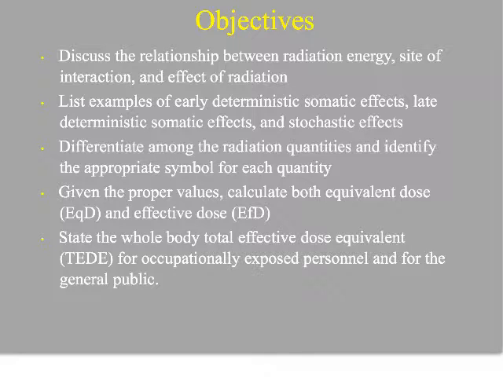The big takeaway, the big thing that we're driving at today, is to be able to calculate an effective dose, and then having calculated an effective dose, be able to project out a collective effective dose, which is the way that the NCRP arrives at many of their dose limitation recommendations as well as public exposures to radiation.